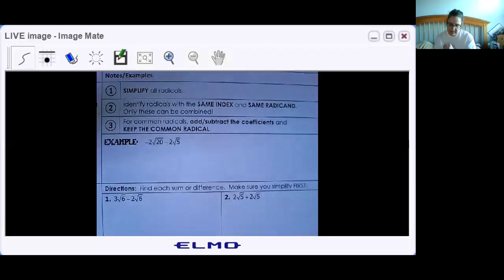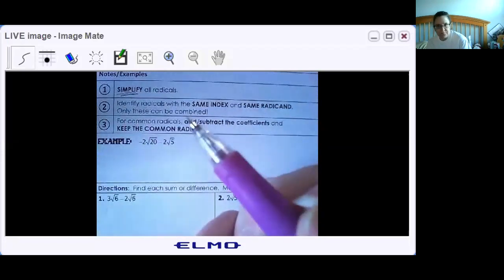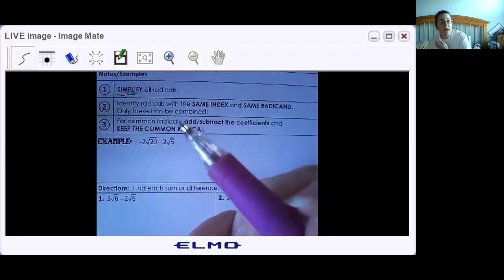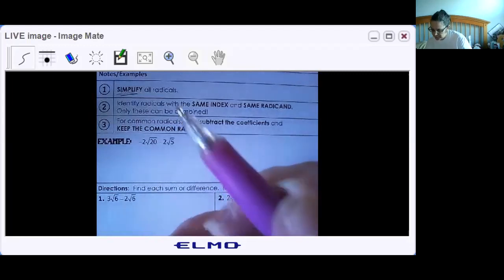So when we are adding or subtracting radical expressions, the first thing we want to do is simplify our radicals. We want to make sure they're in a form that we can deal with, and we got it down to the point where whatever's under the radical is stuff that we can't take out of the radical.